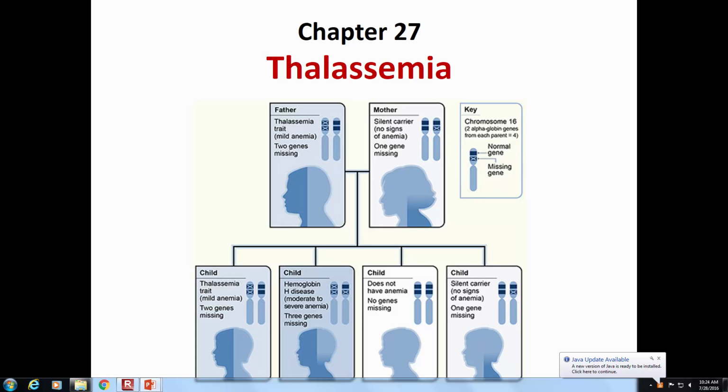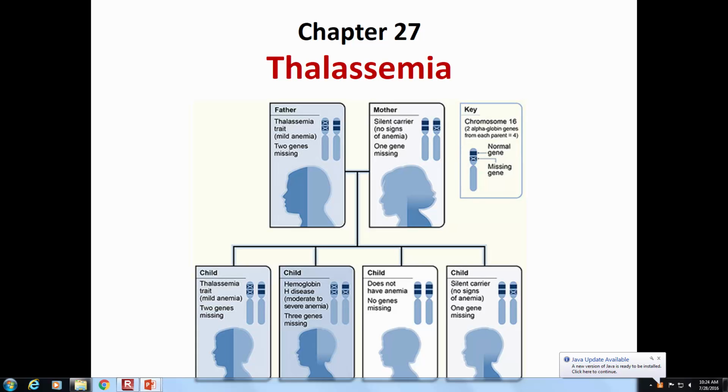Why is it not compatible with life? What is the hemoglobin that keeps the fetus alive until the fetus is born? F. What is the composition of F hemoglobin? 2 alpha, 2 gamma. You don't have any alpha.